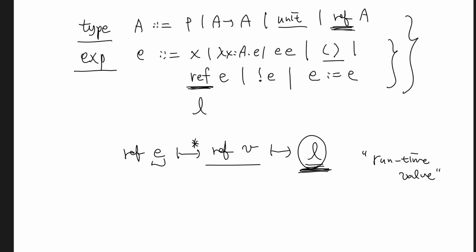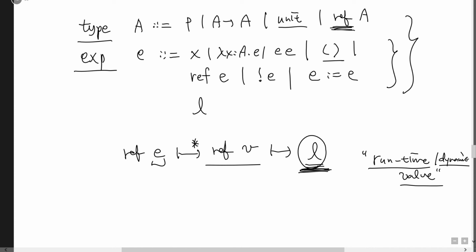But remember that this location L is not supposed to be found in your source code because it's going to be a runtime or dynamic value that is generated at runtime, never at compile time. In the real implementation of the language, this location L will be literally a pointer or address inside the process.